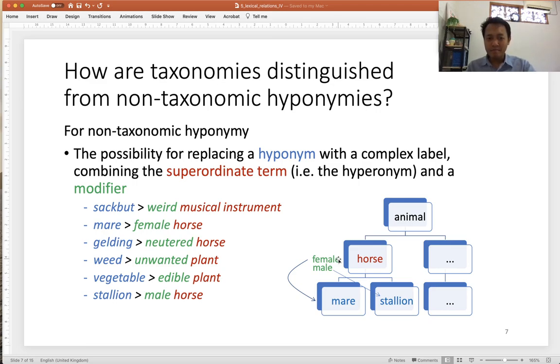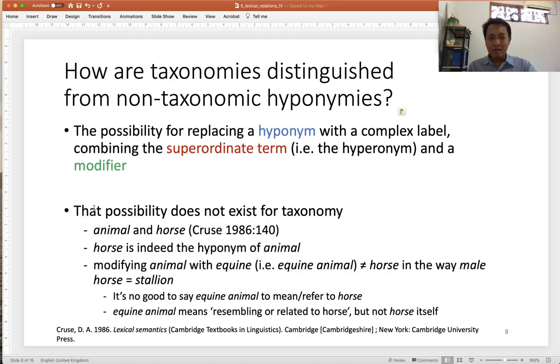These are other examples that you can read. And we find this segbat example again from the previous video. Now, in taxonomy, it is not possible to combine superordinate term and modifier to describe a certain category.